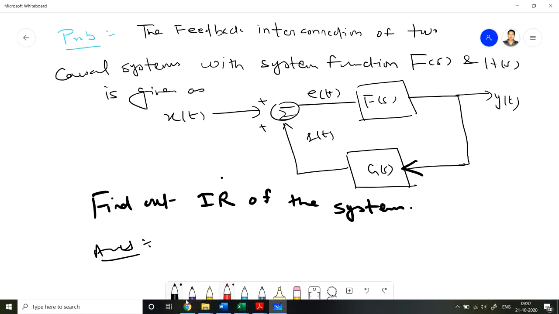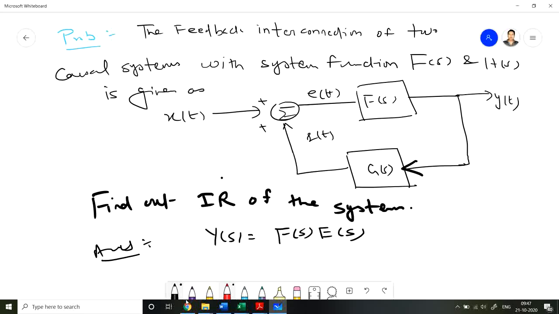If we find the Laplace transform of y(t), that is Y(s), Y(s) is written as F(s) multiplied by E(s).